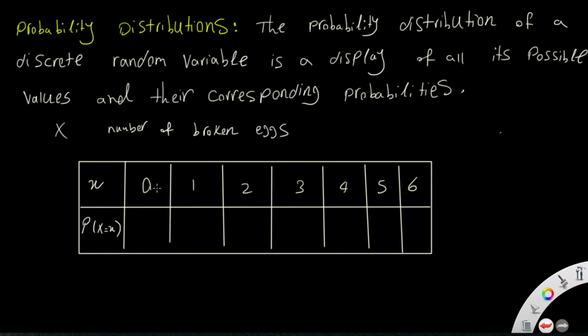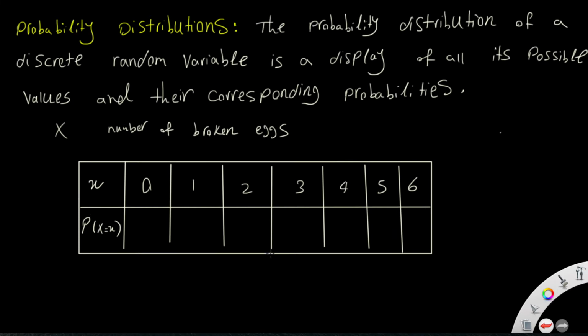As you remember, as there are 6 eggs in the carton, the number of broken eggs can take the value 0, 1, 2, 3, 4, 5, 6. So it will be the probability distribution table.